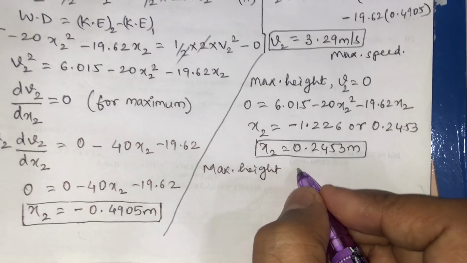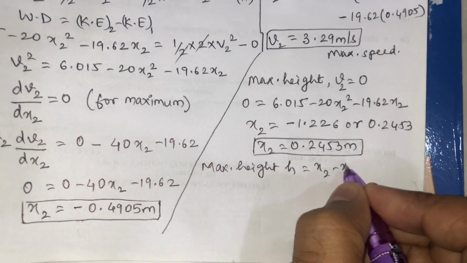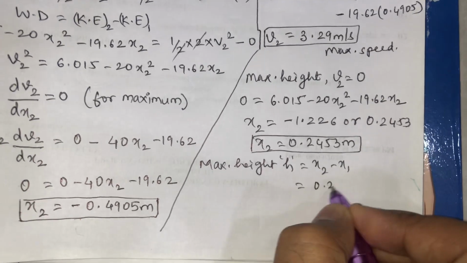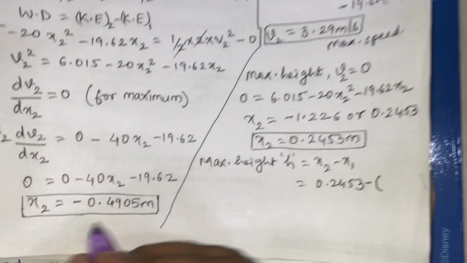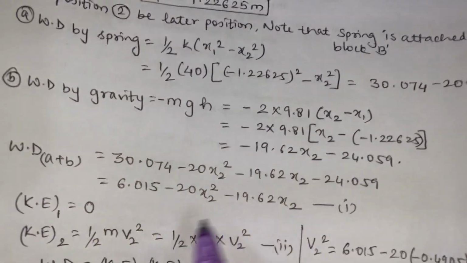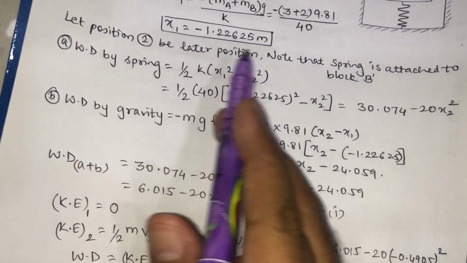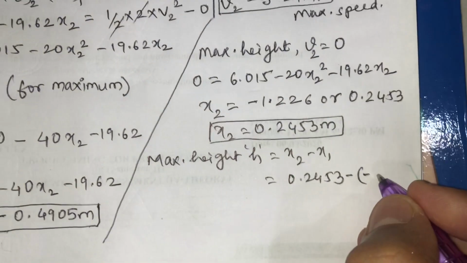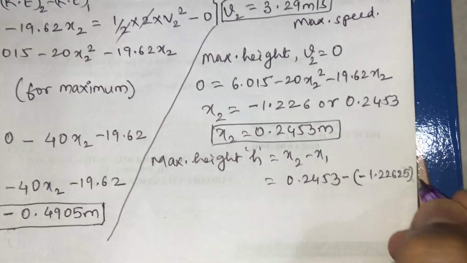Now I need to find the maximum height, that is h equals x2 minus x1. My x2 is 0.2453 minus my x1. When you reach x1, where is x1? My x1 is minus 1.22625, so minus minus 1.22625.